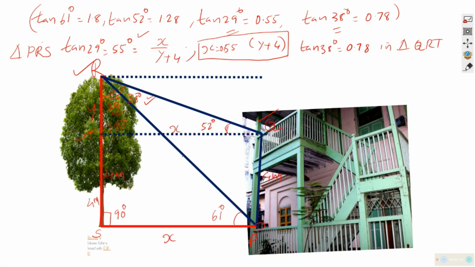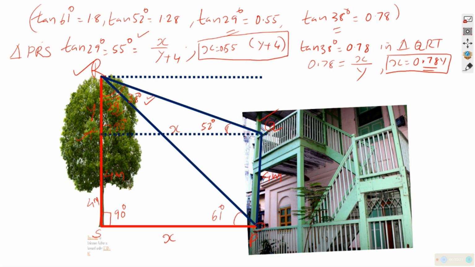Now in this also opposite is x again. tan 38 degree is equal to 0.78, which is opposite side x upon adjacent side y. Okay, we can get an equation in terms of x: x is equal to 0.78y. So we got two equations for x.